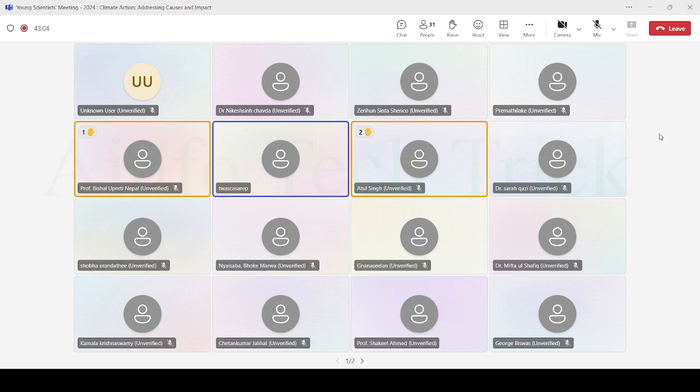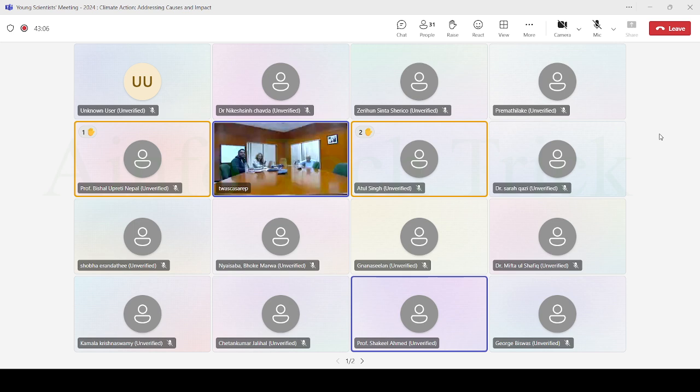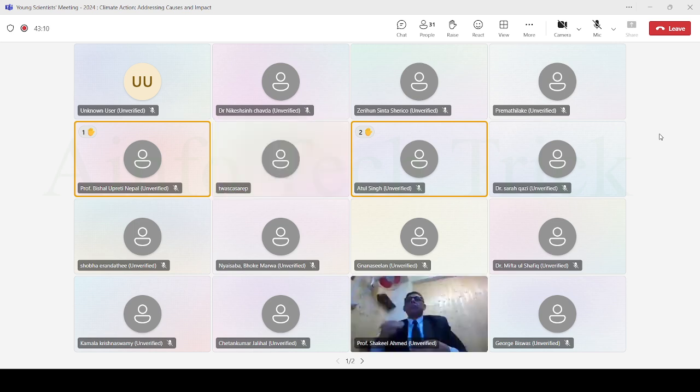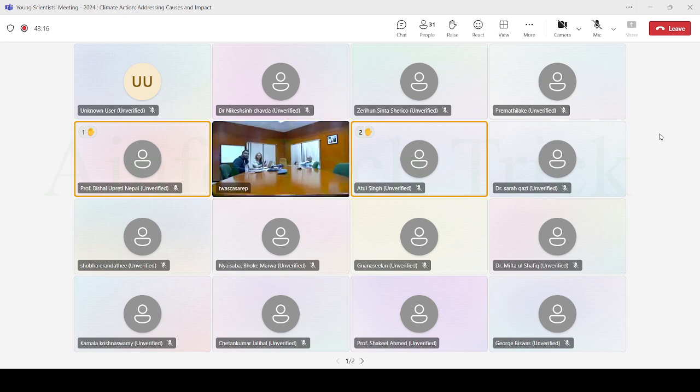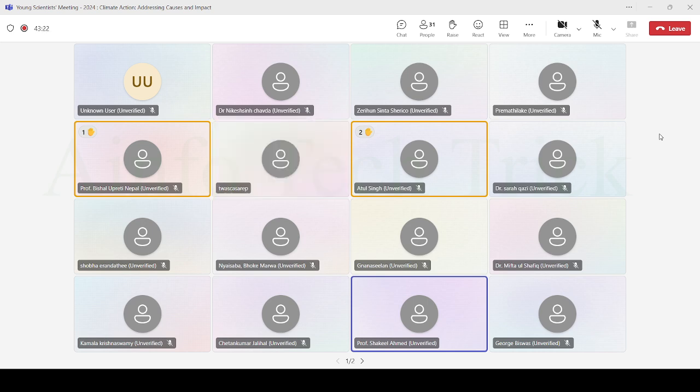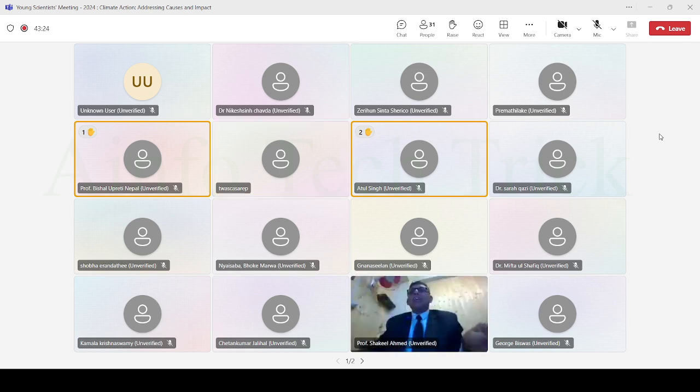I cannot share, the share is disabled. That is a Microsoft feature, sir. You have to use the application. I see, in the browser it won't work. I have to leave and restart now.